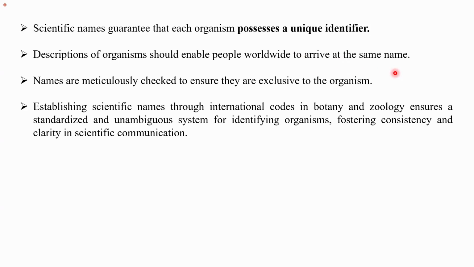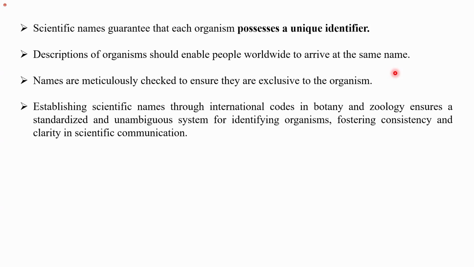So all the characteristics of the organism should be described in such a manner that if I from India am reading the characteristics of a particular organism and visualizing it, the other person sitting in any other part of the world who is also reading the same characteristics should also imagine the same organism. So the description of the organism should be in detail, and it should enable people worldwide to arrive at the same name.